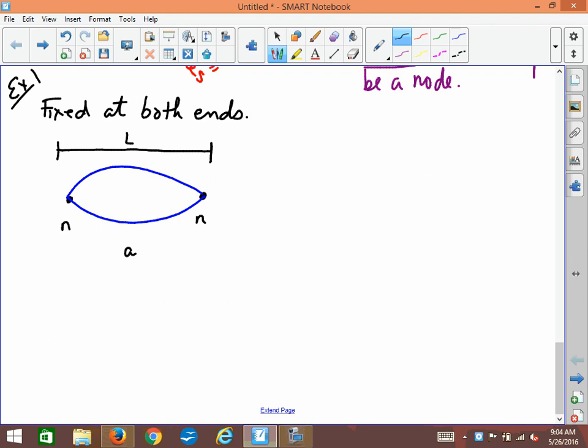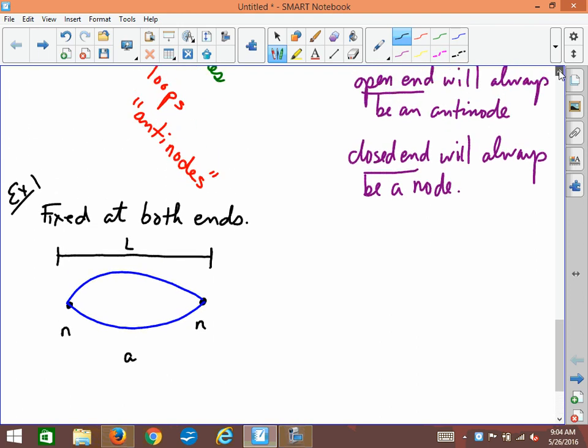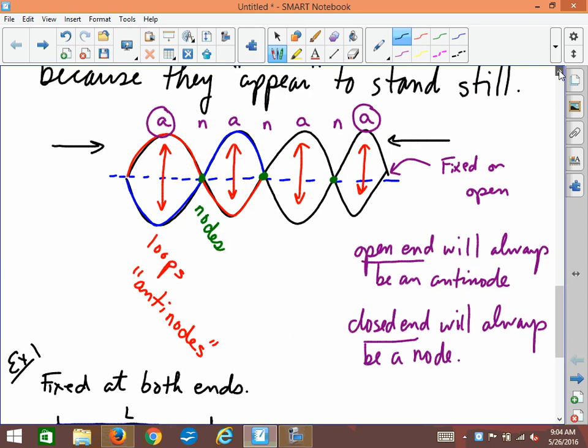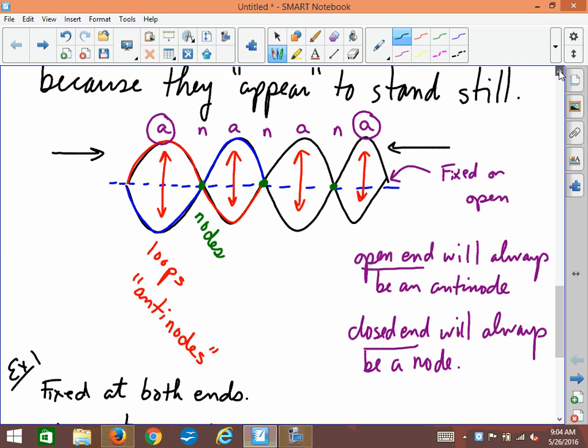Now, if you look at this carefully, let me go back to my picture up here for a second. I want you to notice something. I'm going to draw this in another color, say green. If you look at this standing wave pattern that I've drawn, it's already kind of highlighted in red, but I'm going to go over it in green so you can see what I'm talking about. This is one loop, but this is a full wavelength, right?